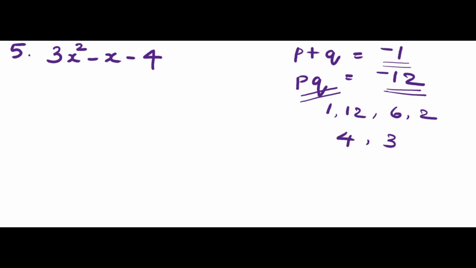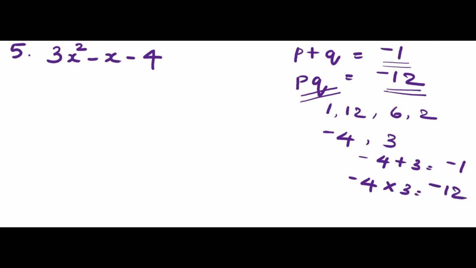Then 4 multiplied by 3 will give you product as 12, and 4 plus 3 will give you 7 only. So you have to go for a negative sign in here. So I can take minus 4 and 3. Minus 4 plus 3 is equal to minus 1 and minus 4 multiplied by 3 is equal to minus 12.